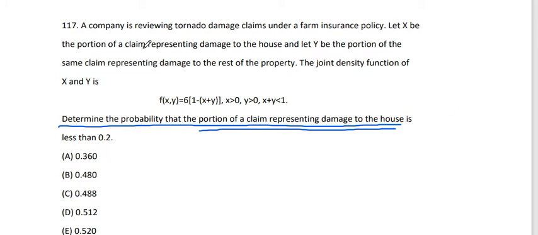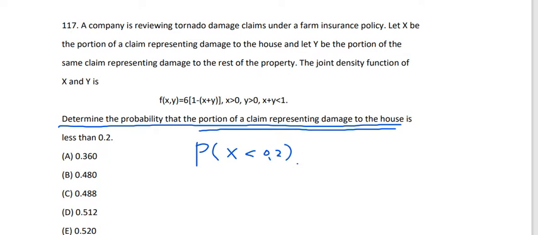X is the claim for damage to the house, right? So we need to find the probability that x is less than 0.2.